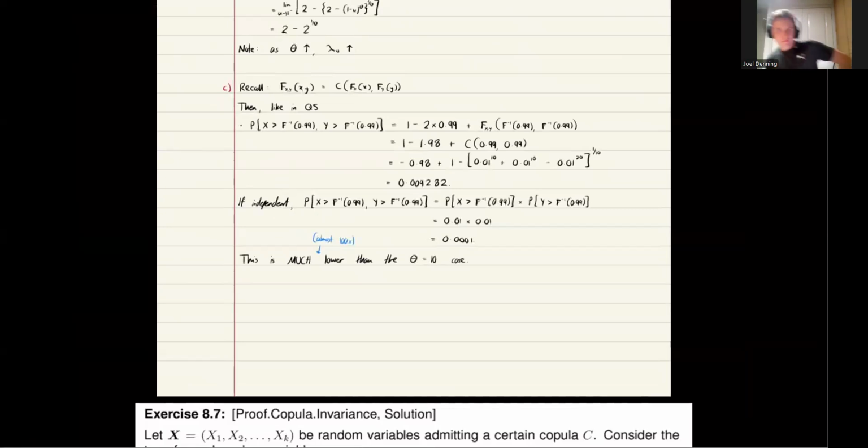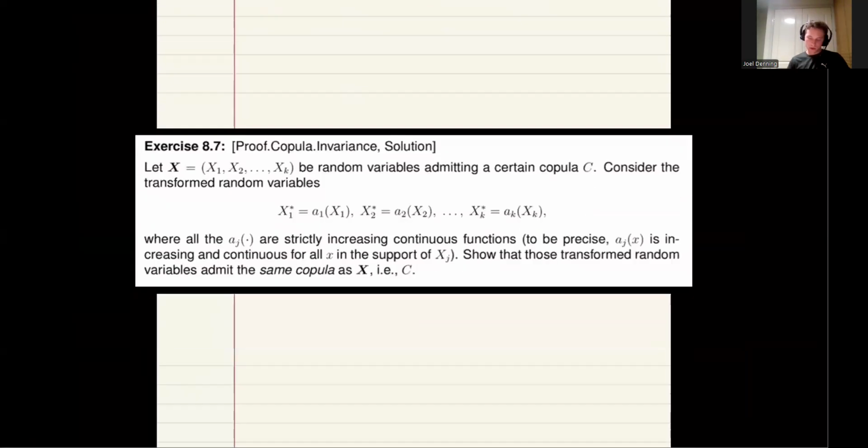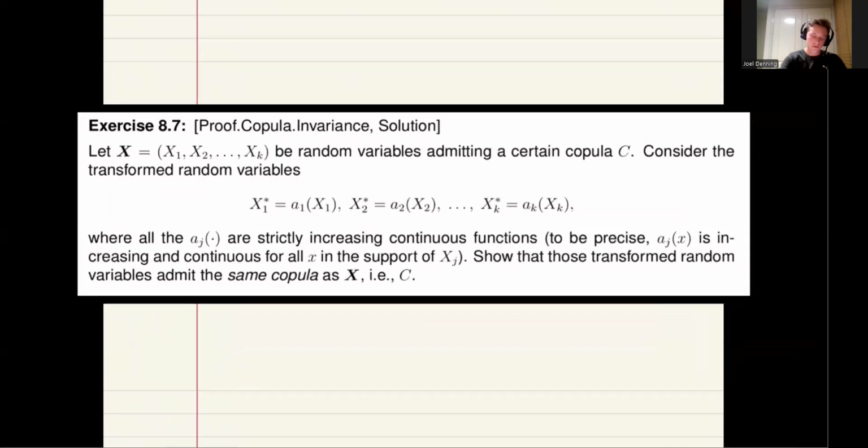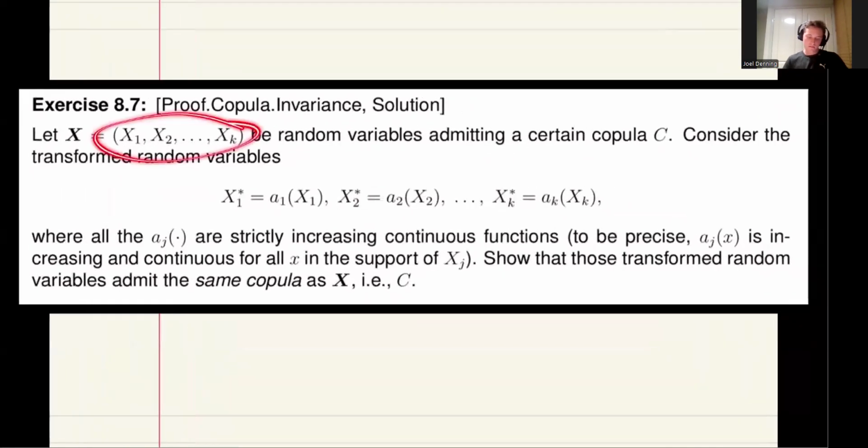Okay, and then on to our last question for today, question 7. Let x1 up to xk be a set of random variables admitting a certain copula C. Consider our transformed random variables x1 star up to xk star, where all of the A functions are strictly increasing continuous functions.